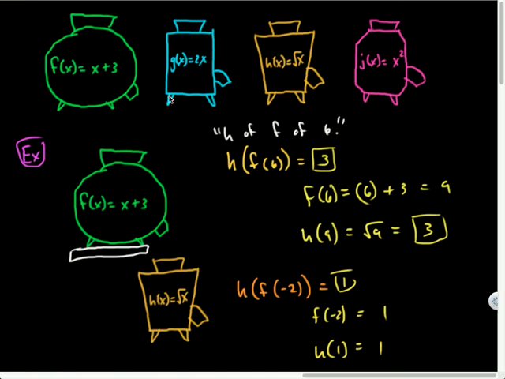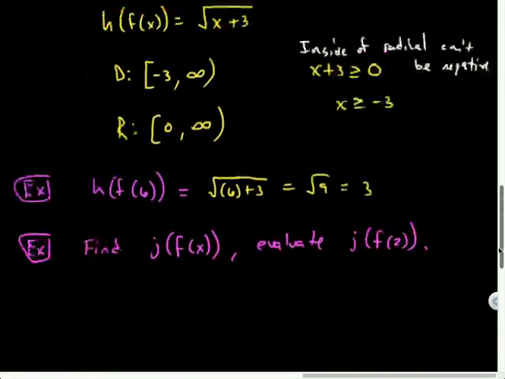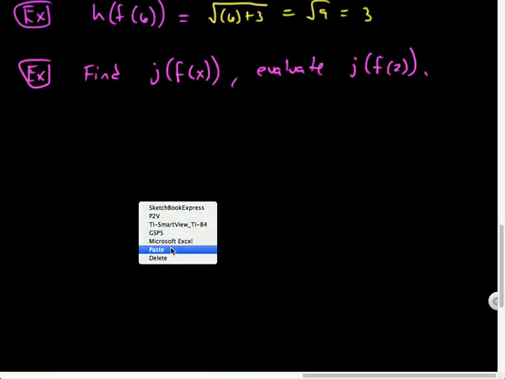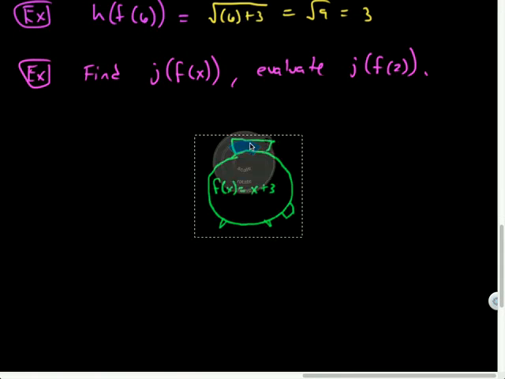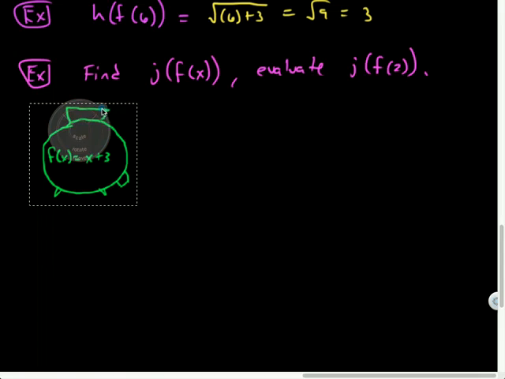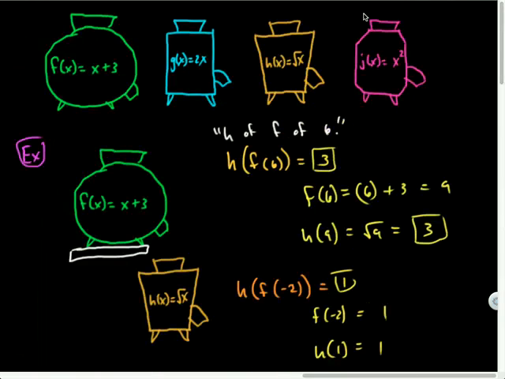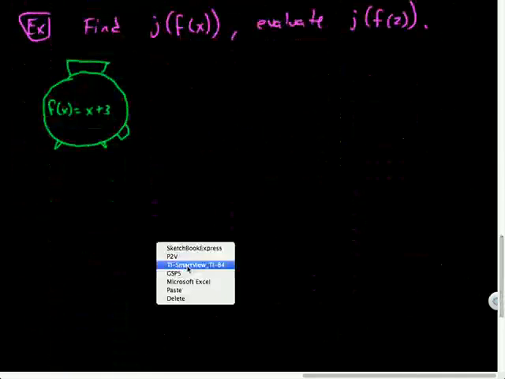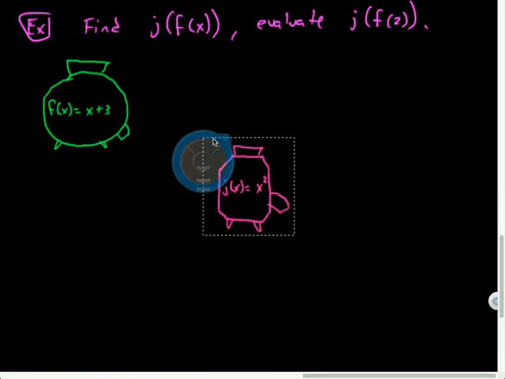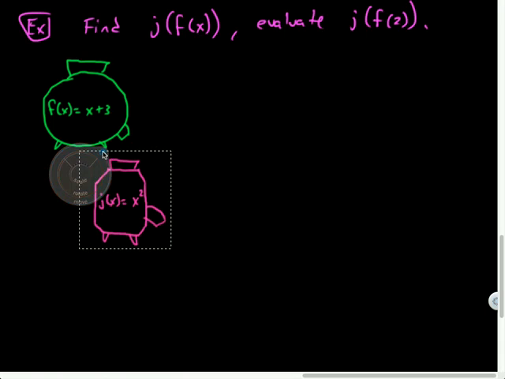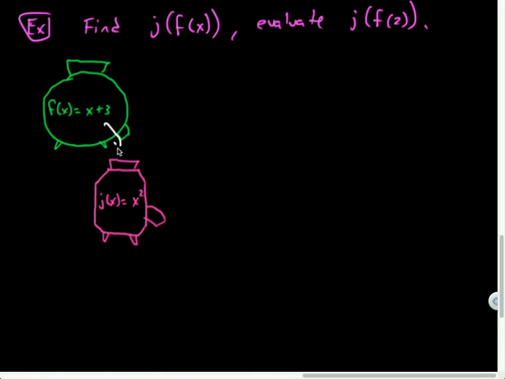So when I'm reading this function notation, you kind of start at the innermost function and work your way out. So I'm going to be taking this machine and cramming it inside of the j of x machine. Right, so this would be my setup, except I'm actually taking this whole machine and just cramming it down inside there.